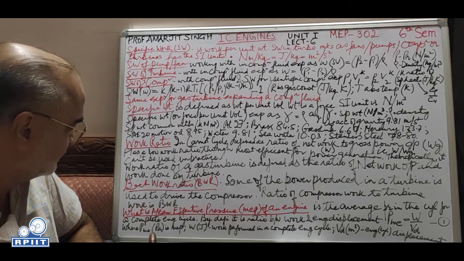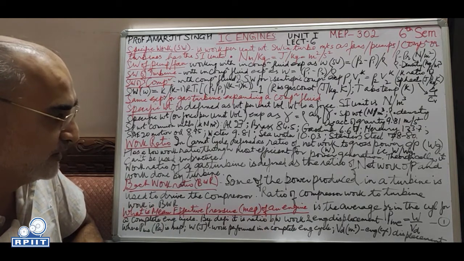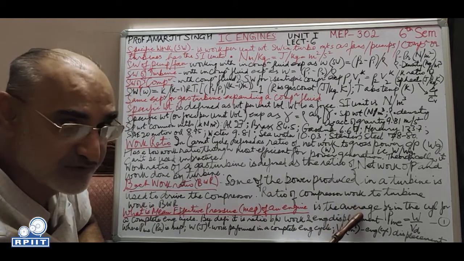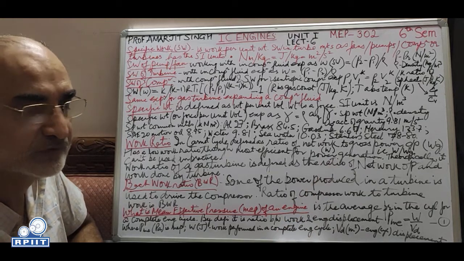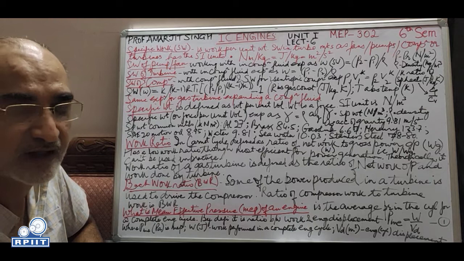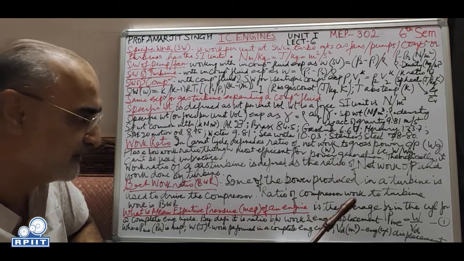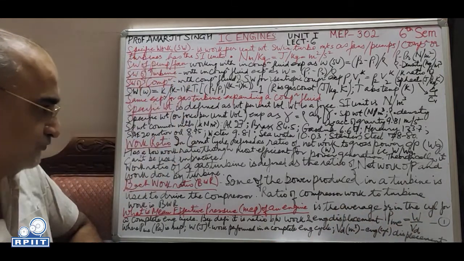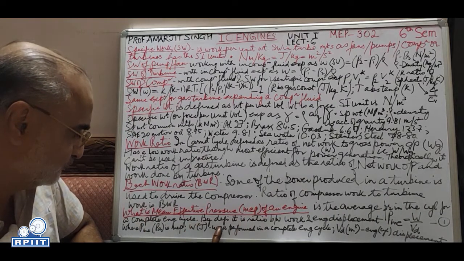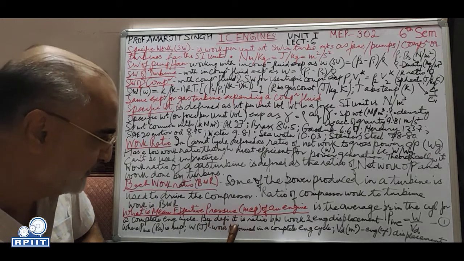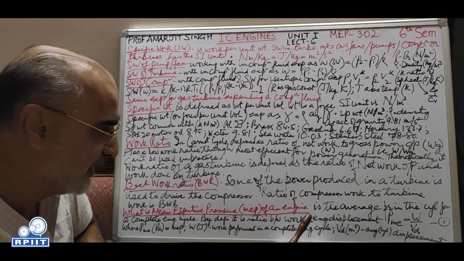Now to come to mean effective pressure, what is mean effective pressure, MEP, of an engine? It is the average. Now average is important because the pressure varies, as you know, in a four stroke. Pressures in the cylinder are different in different strokes and vary from almost zero to very high. It is the average pressure in the cylinder for one cylinder for a complete engine cycle. By definition, MEP is the ratio between work and engine displacement.